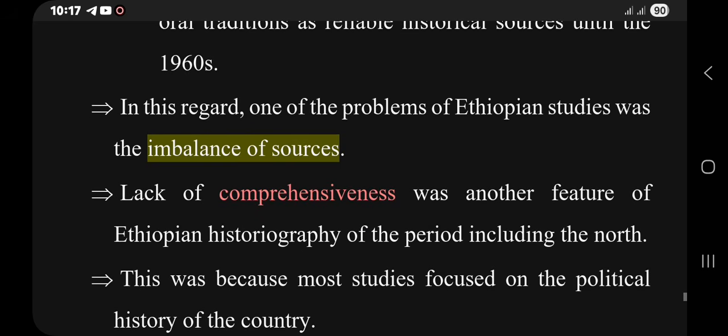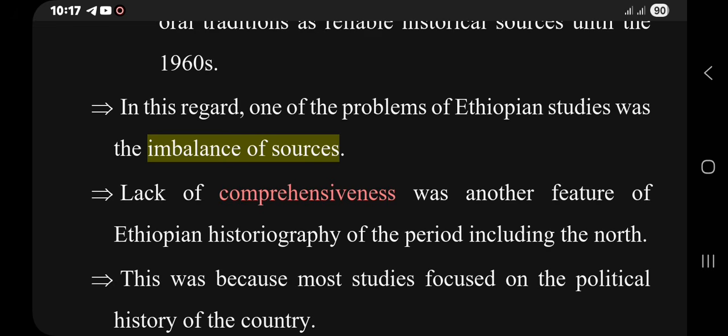The next problem of Ethiopian historiography up to the 1960s was lack of comprehensiveness. History must be comprehensive, meaning there must be political history, economic history, and social history. Prior to 1963, there was a lack of comprehensiveness.